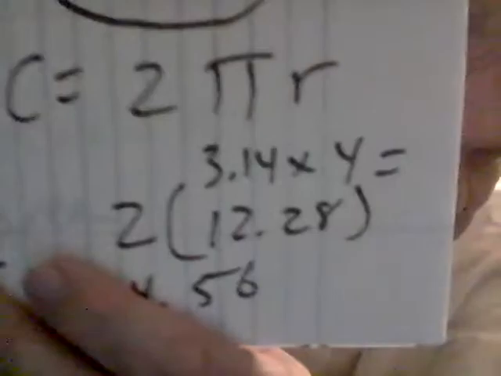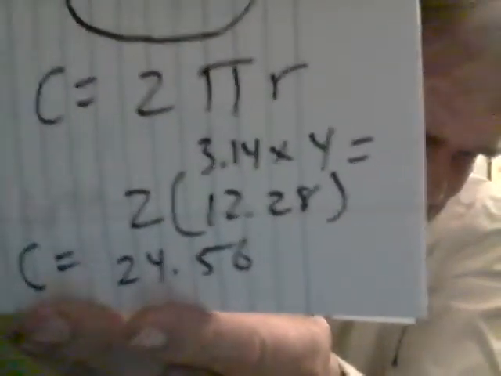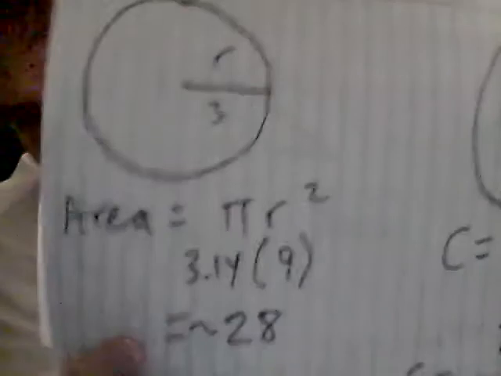C equals 2 pi r. You're going to multiply 2 times that, and you're going to get approximately 24.56. That's my circumference, okay? So I did that. 2 pi r, you got that? All right, and remember, 2 pi r is for the circumference, and pi r squared is for the area.